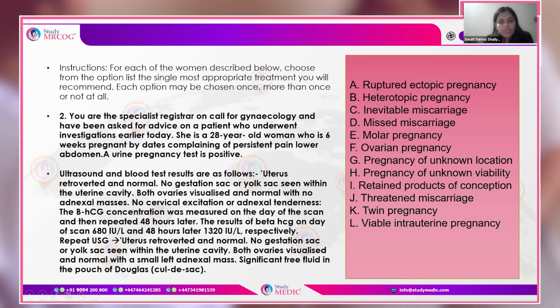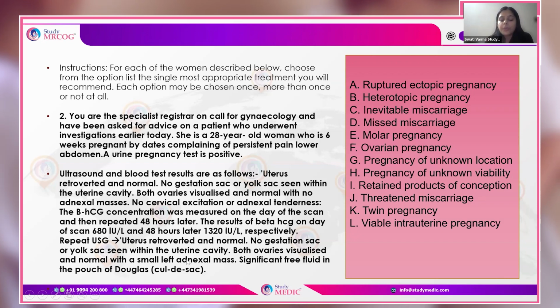Beta HCG again was done on the day of scan and repeated 48 hours later, and came out to be 680 and 1320. Now repeat ultrasound shows uterus retroverted and normal. No gestational sac or yolk sac seen within the uterine cavity. Both ovaries visualized and normal with a small left adnexal mass.